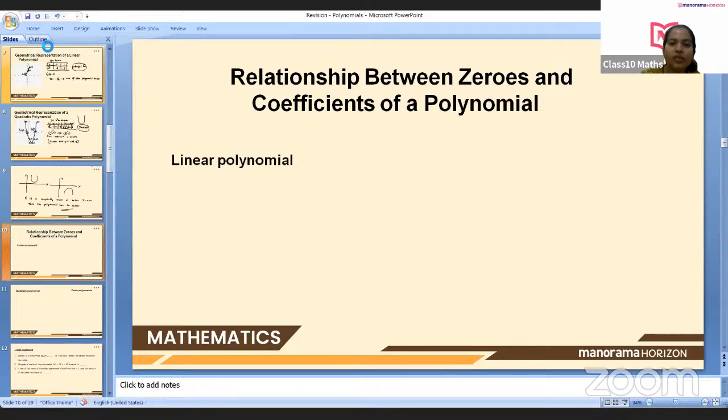Okay, good. Can you see it as a slideshow? Just check if it is moving.